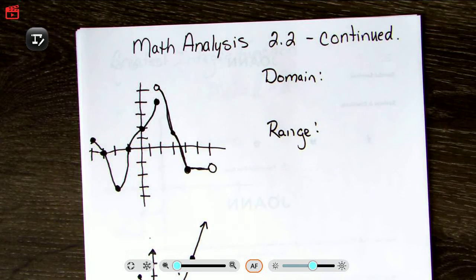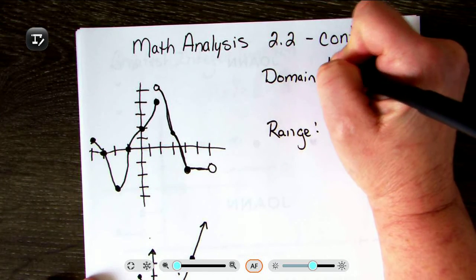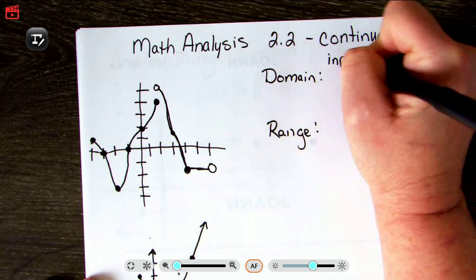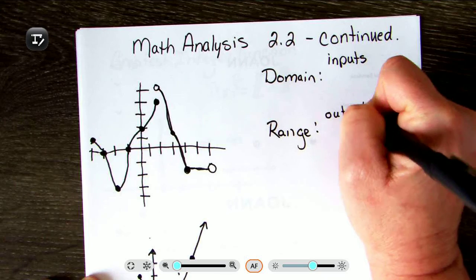A lot of times finding the range looking at formulas, like we saw in 2.1, is very difficult to do. But if we have the graph, we can see it a little bit more clearly. I want to remind us again that domain is the inputs, range is those outputs.